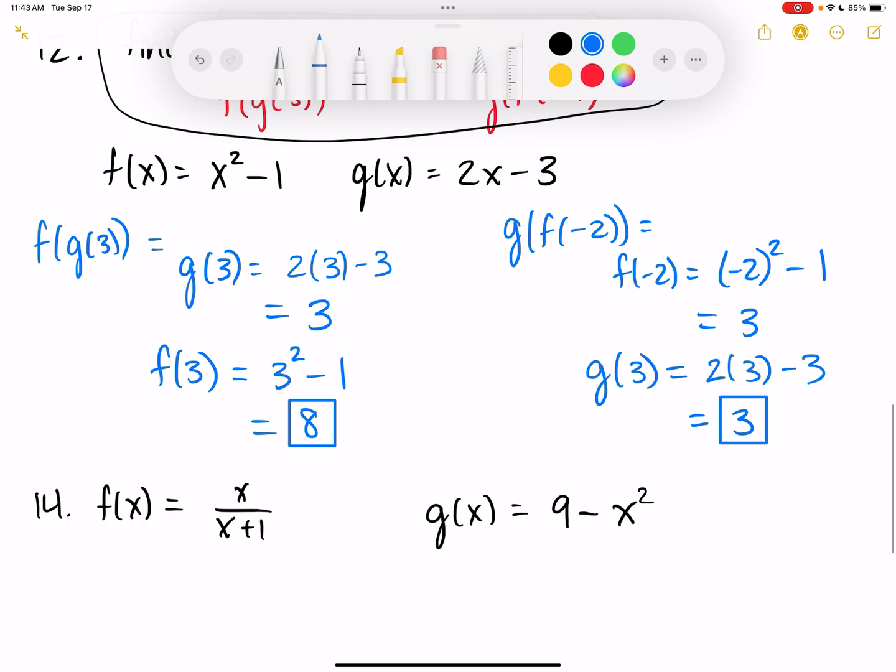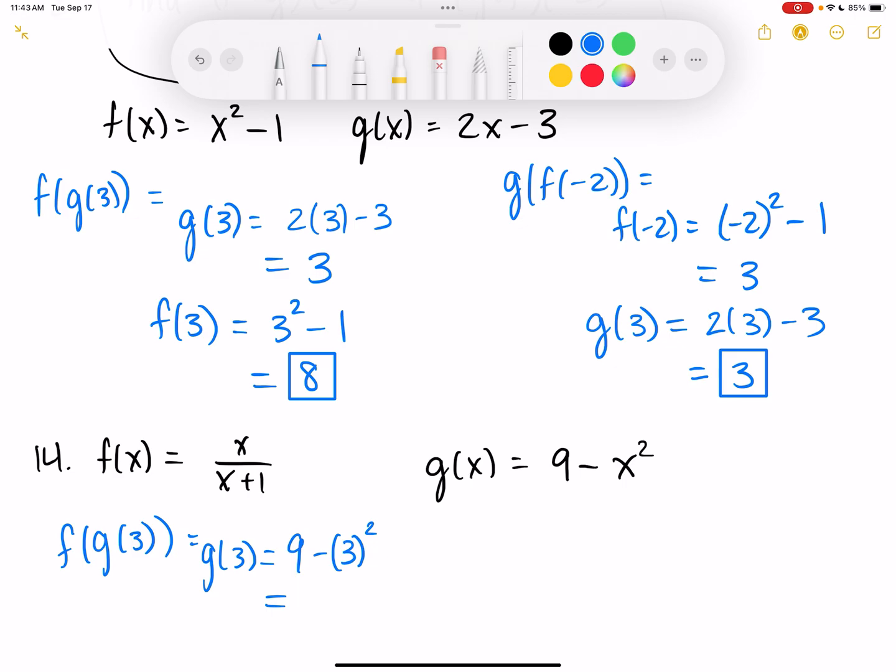So f of g of 3. Plug in 3 for g, so g of 3 is 9 minus 3 squared, which is 9 minus 9, which is 0.